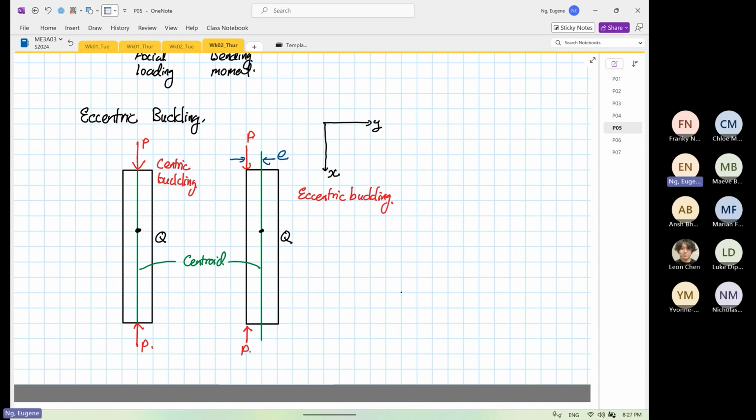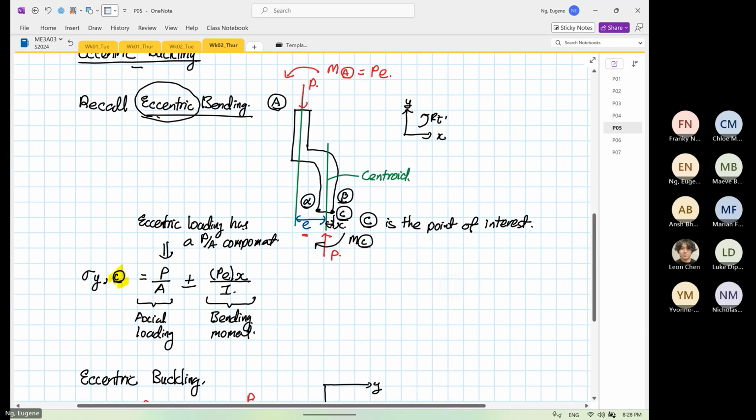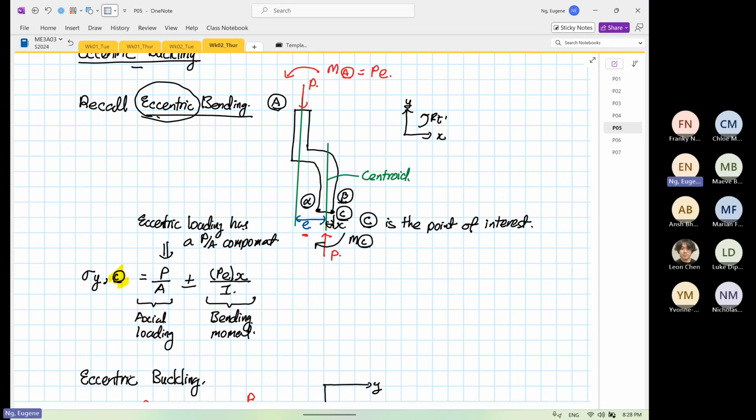Now, how does this affect what we learned before? Same thing, based on bending. So this is not buckling, this is bending. This is our centroid. The force is applied a certain distance away from the centroid.